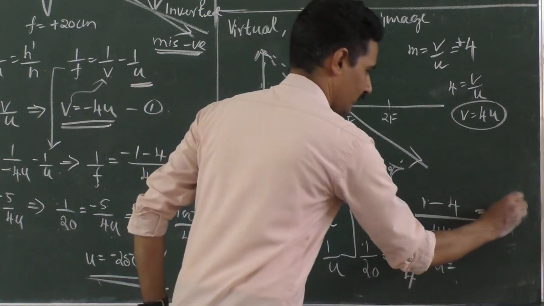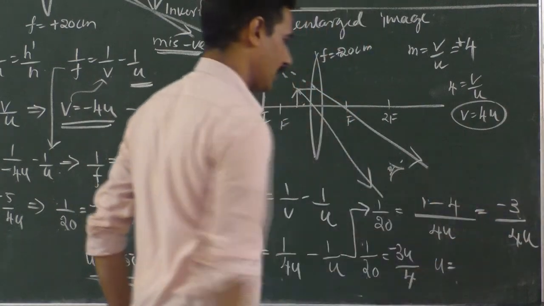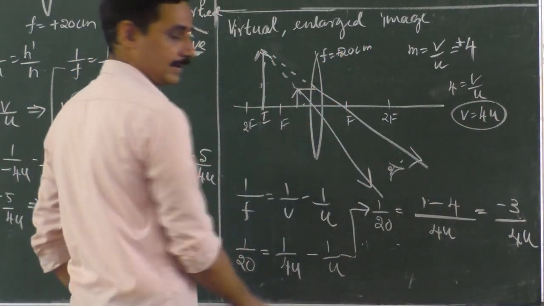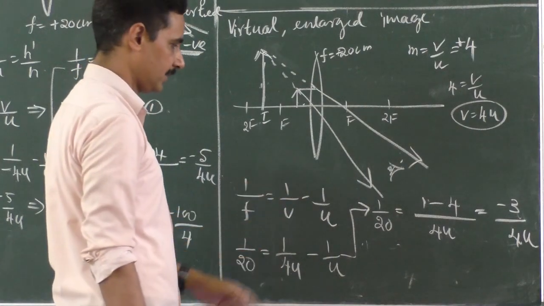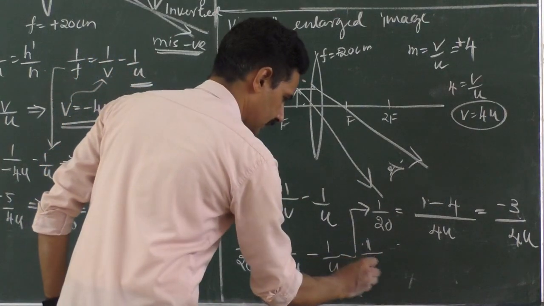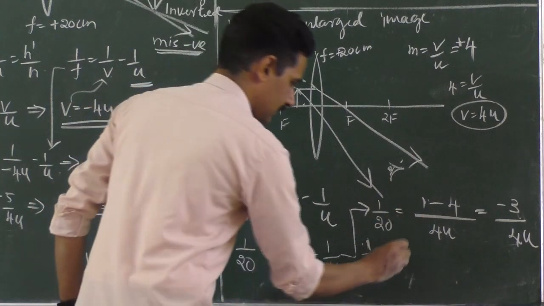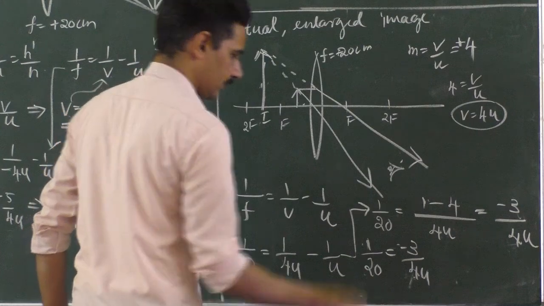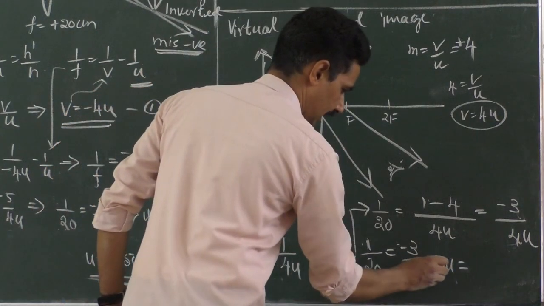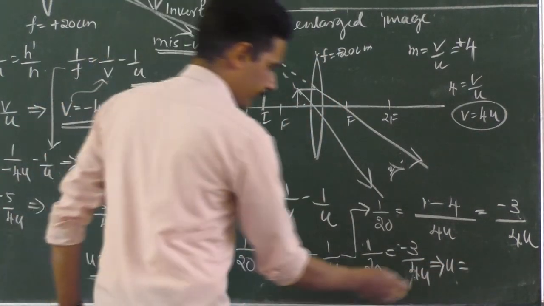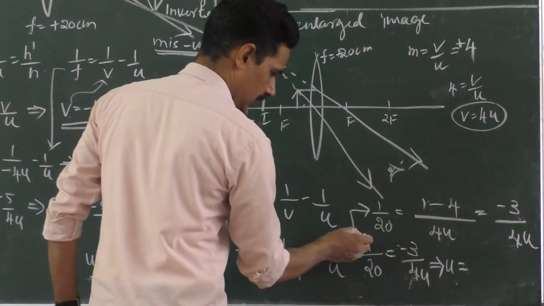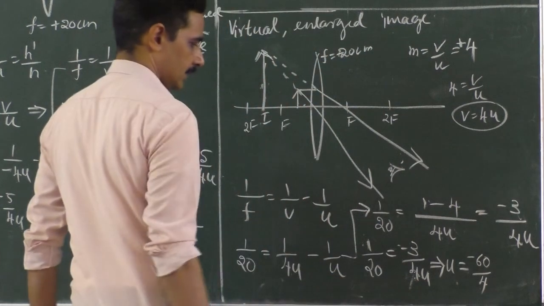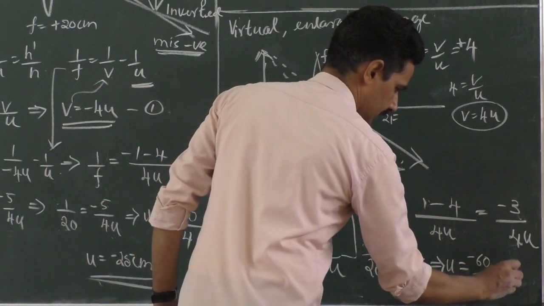Minus 3 by 4u, u should come to the denominator. So what is the next step? Yes, this is right now, minus 3 by 4u. So 1 by 20 is equal to minus 3 by 4u. So bring u here, 60 by 4, but with negative sign. u is equal to minus 60 by 4, right? That is equal to minus 15 centimeters.